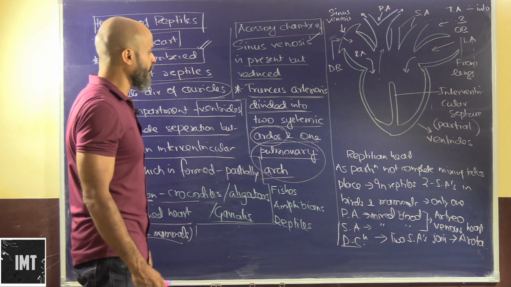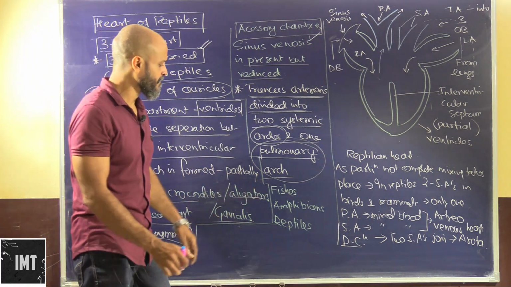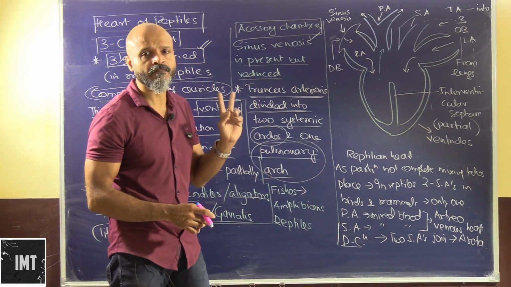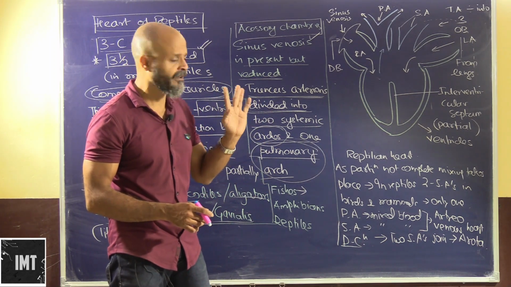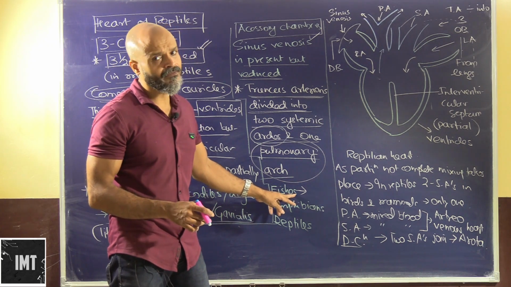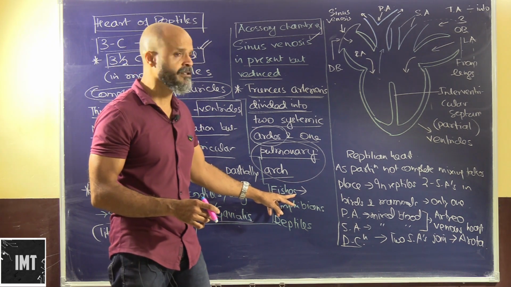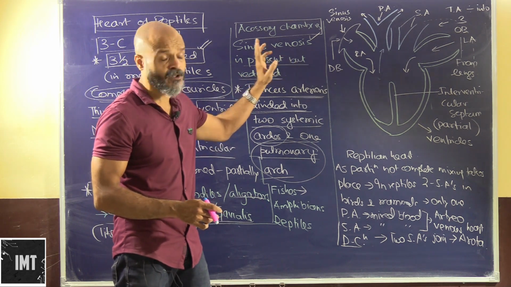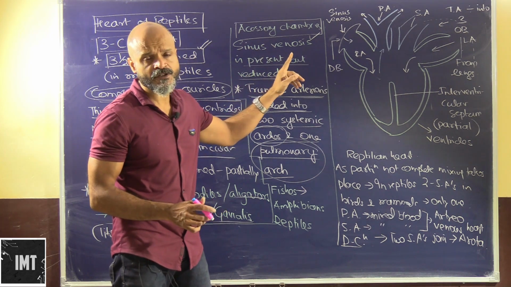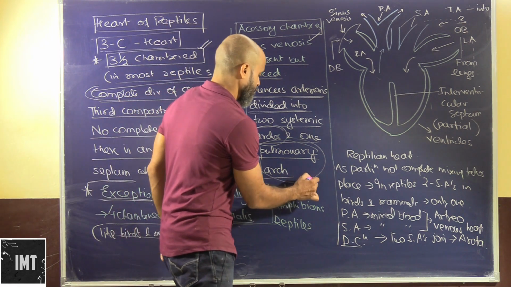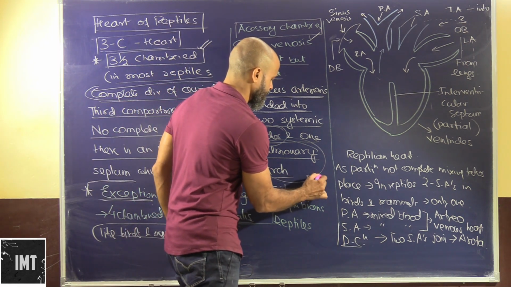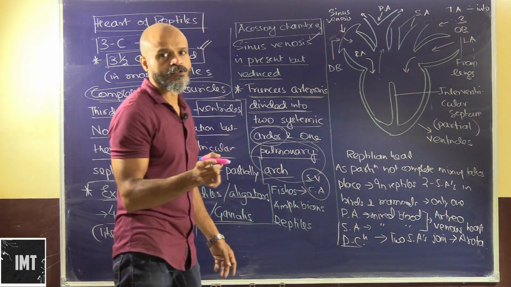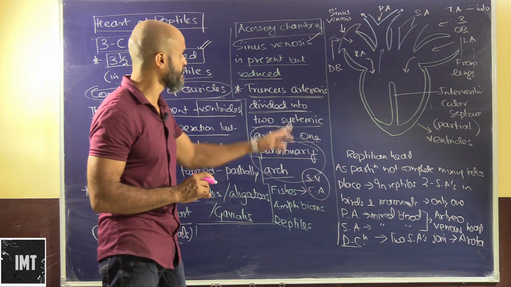If we look into the evolutionary aspect, if we recall, fishes have a proper 2-chambered heart, 1 auricle, 1 ventricle, and they had sinus venosus and conus arteriosus as accessory organs.